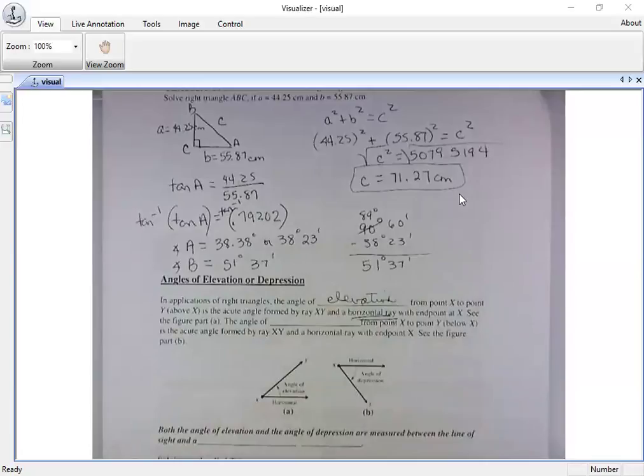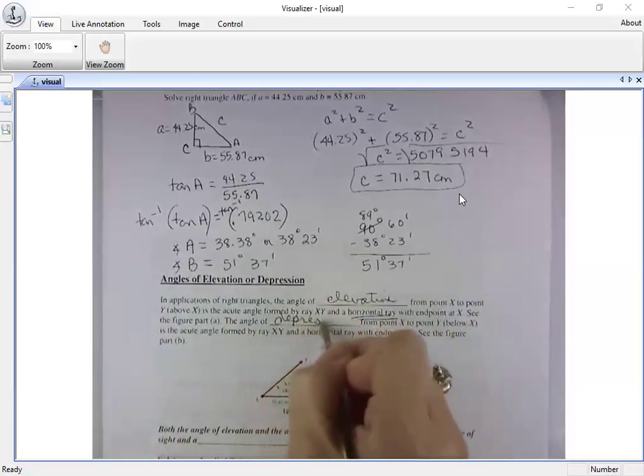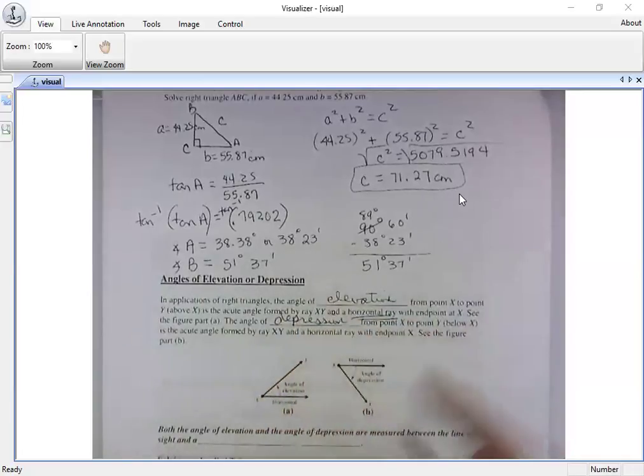If you're up in the air, it's got to be from the horizon down for an angle of depression. Or if it's an angle of elevation, it's probably going to go from the ground up, or maybe from a line of sight up, depending on where you're measuring from. And so the same is going to be true with an angle of depression. It's always measured with that ray and the horizon. Okay?